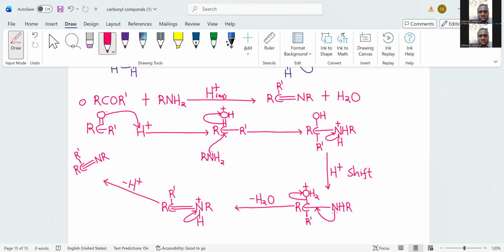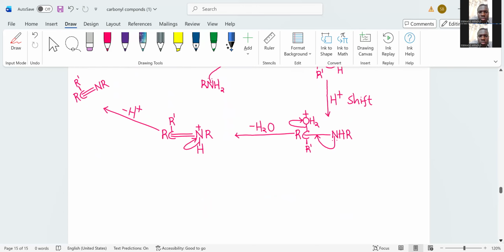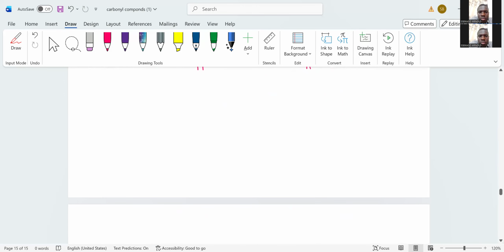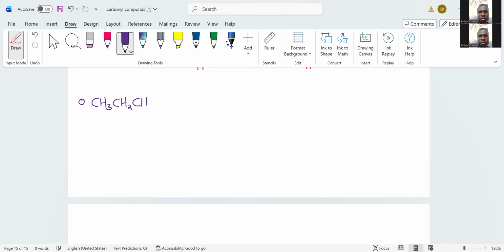So now I take specific examples. Those are the general reaction mechanisms. This is in the presence of a catalyst. As specific examples, the first one, I consider propanol and hydrazine.